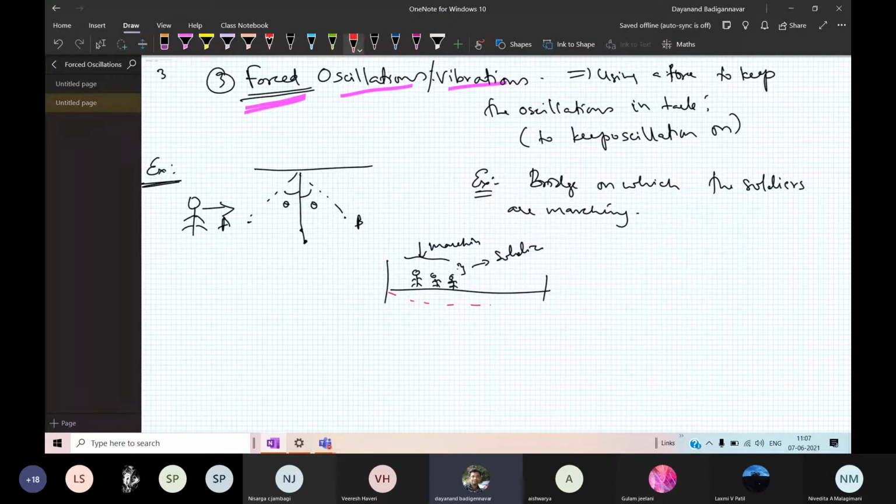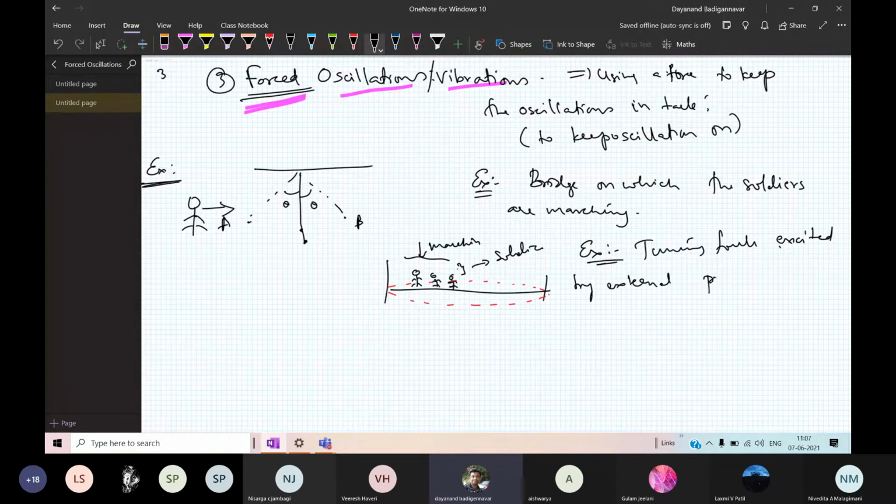Slowly the bridge will go on oscillating or vibrating. This is another example, and there are many such examples. Then you have another example in physics, a tuning fork. It can be excited with the help of an external periodic force.